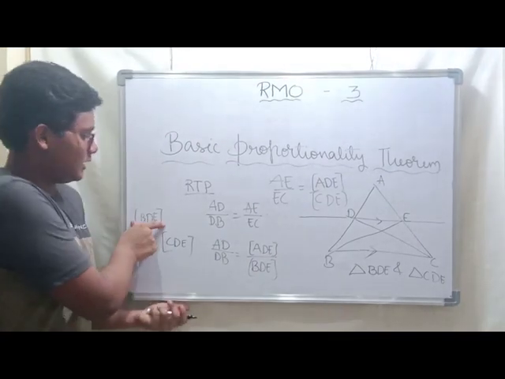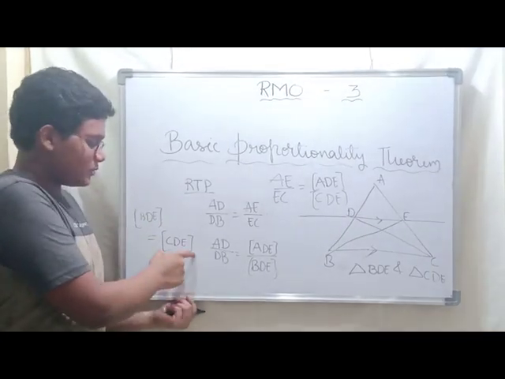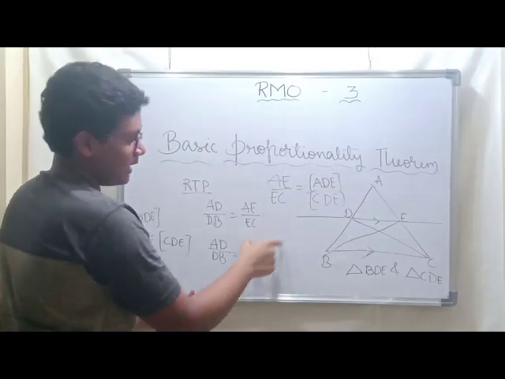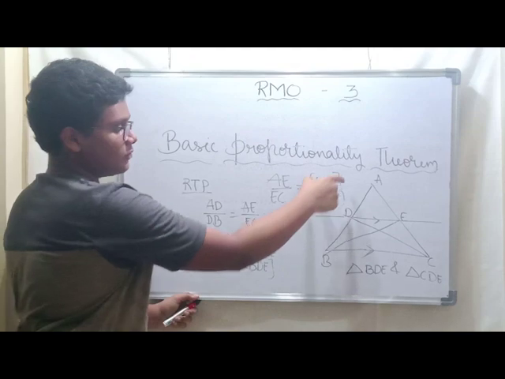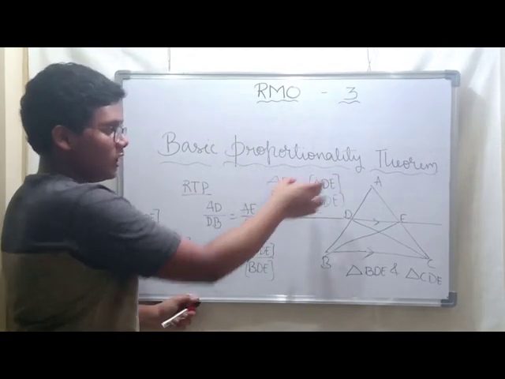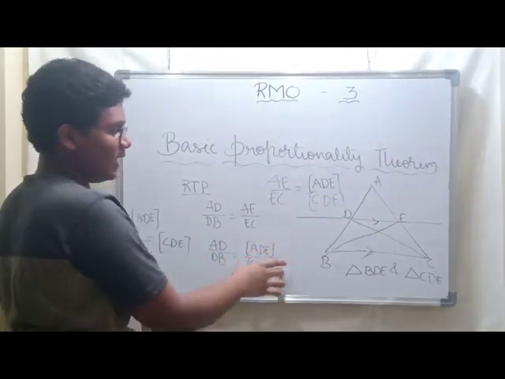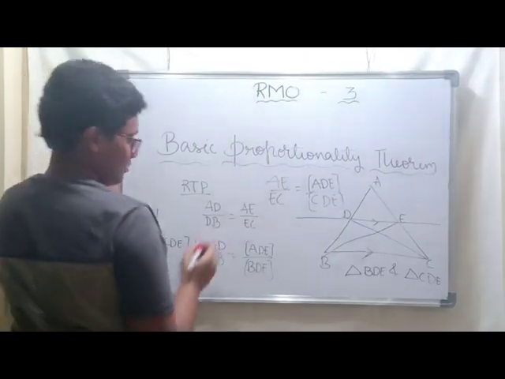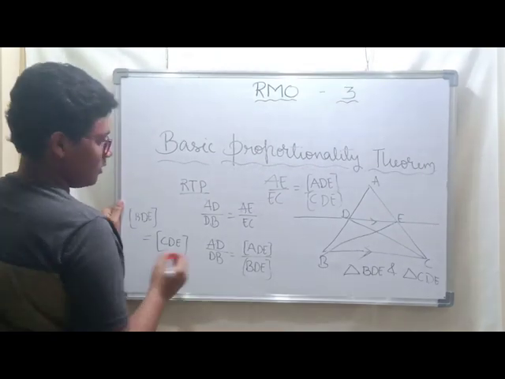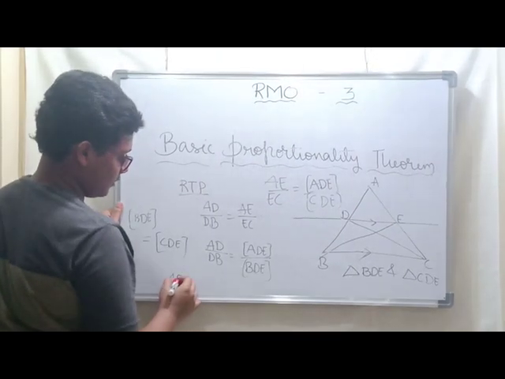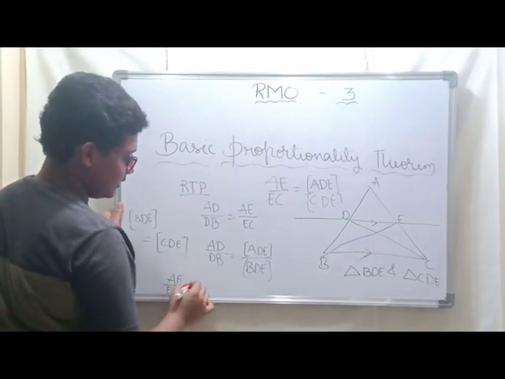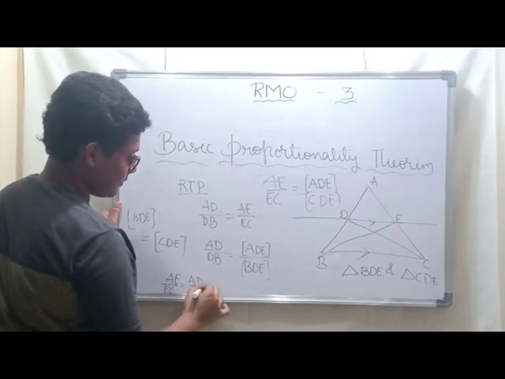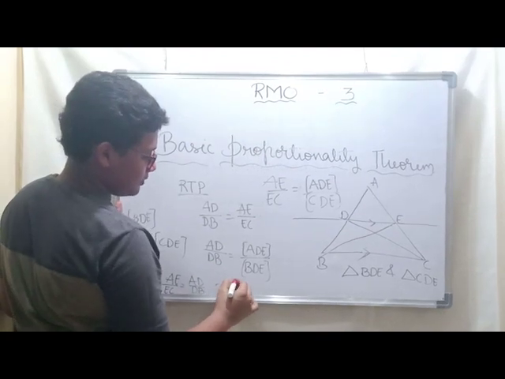So we already got that the area of triangle BDE is equal to the area of triangle CDE. So these two are equal: ADE by BDE is equal to ADE by CDE. So if this RHS is equal, LHS will be automatically equal. So we got that AE by EC is equal to AD by DB. Hence proved.